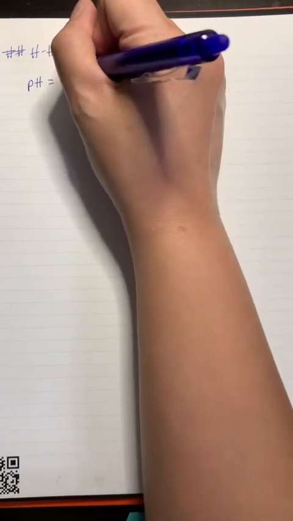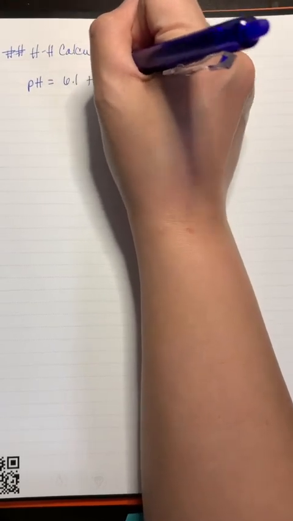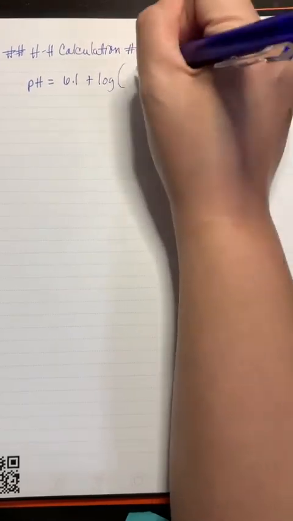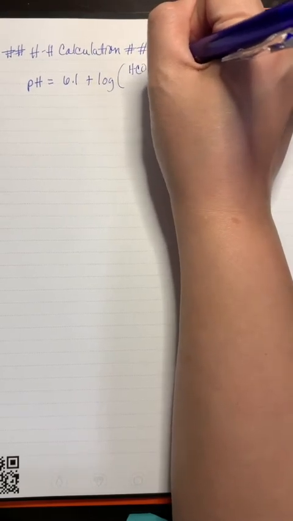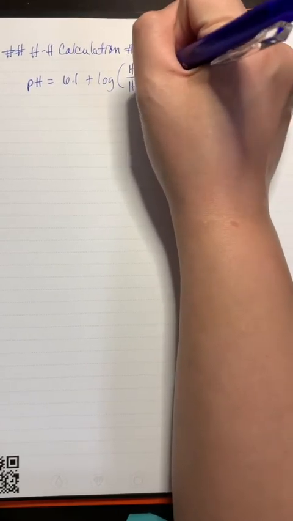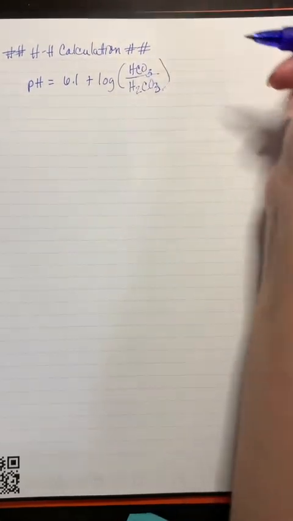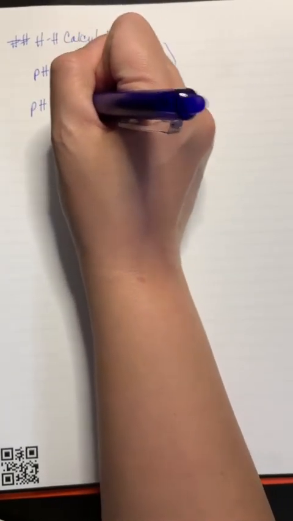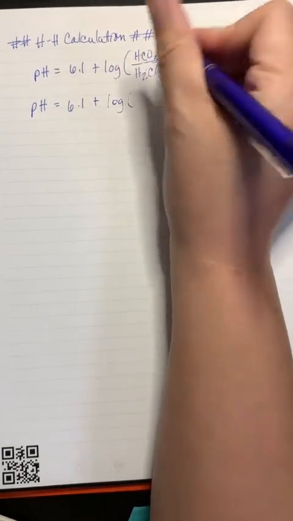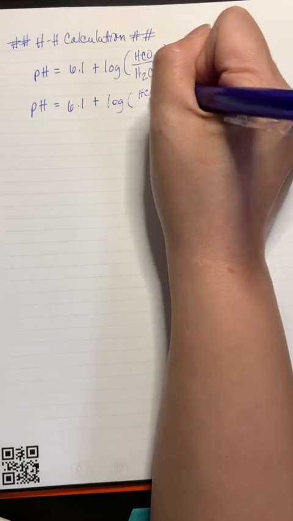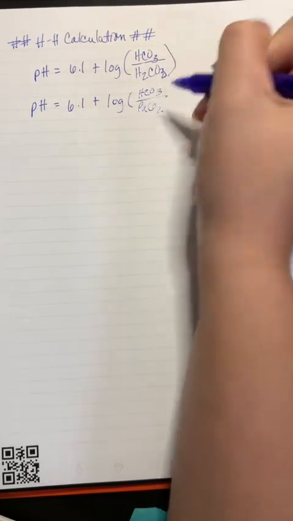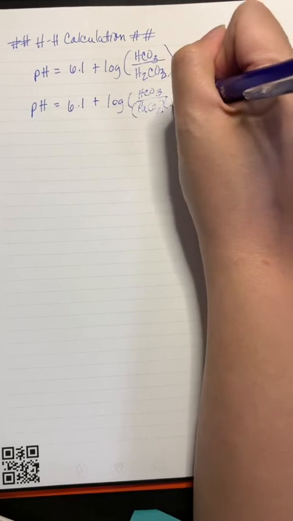So the equation is pH is equal to 6.1, which is your pK, plus the log of bicarb over carbonic acid. For usable terms, we're going to use pH is equal to 6.1 plus log of this ratio, HCO3 over your PaCO2 times 0.03.